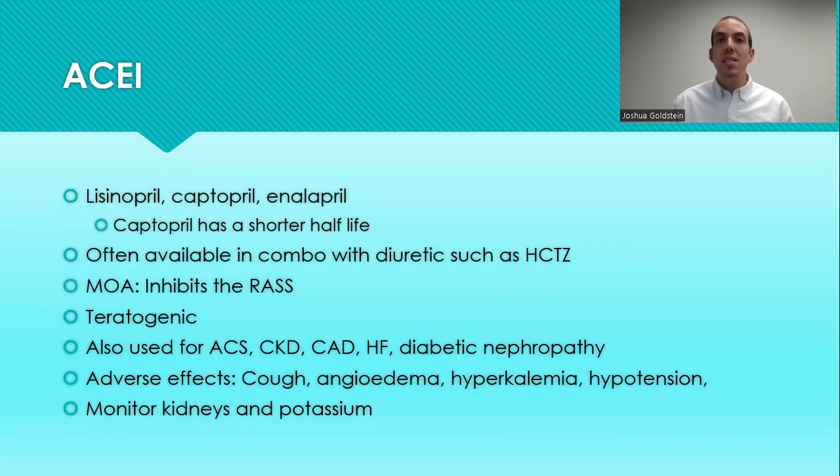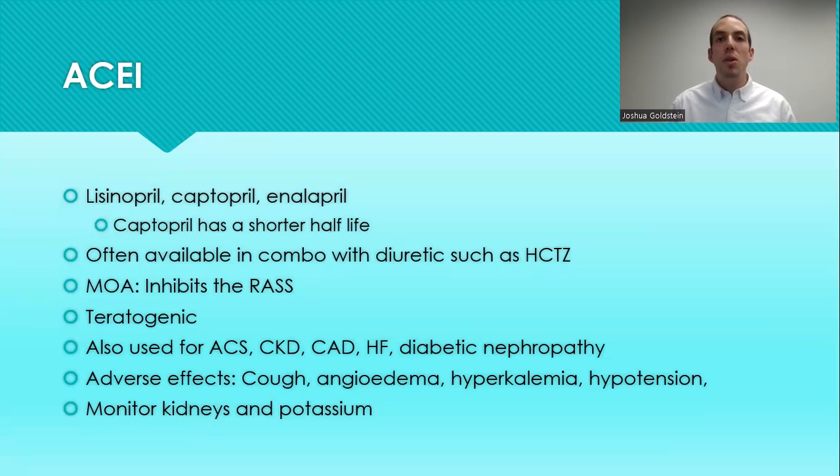The RAS system, when it kicks in, it has two primary effects. The first effect is that it causes vasoconstriction. The second effect is that it causes a release of aldosterone, and that aldosterone makes us hold on to fluid. Now, of these two effects, it has much more of an effect on the vasoconstriction, but it also has an effect on the aldosterone and getting our body to hold on to fluids.